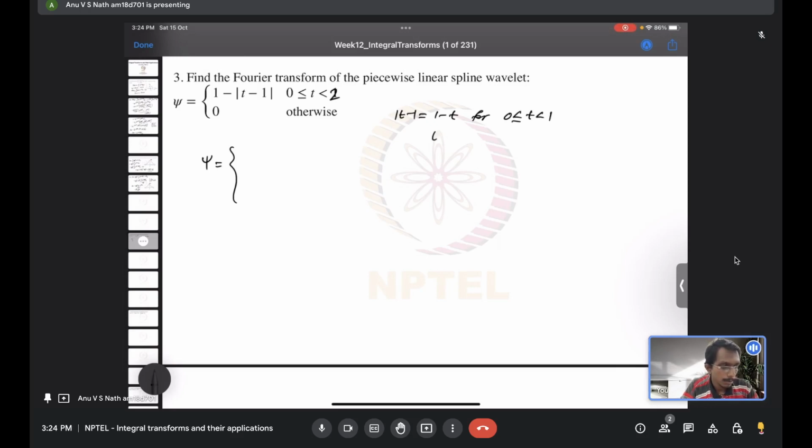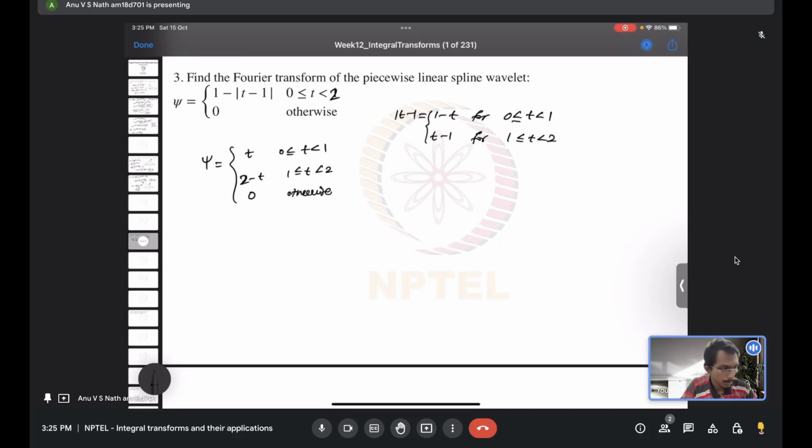Now 1 to 2, it will be t minus 1. So using that fact, you will find psi of t is t for 0 to 1, then 2 minus t for 1 to 2, then 0 otherwise.